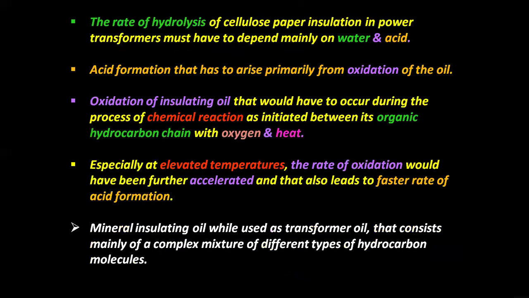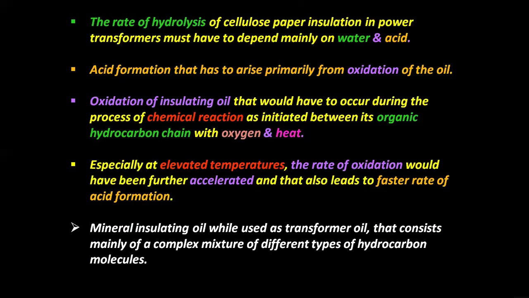The rate of hydrolysis of cellulose paper insulation in power transformers depends mainly on water and acid. Acid formation arises primarily from oxidation of the oil.